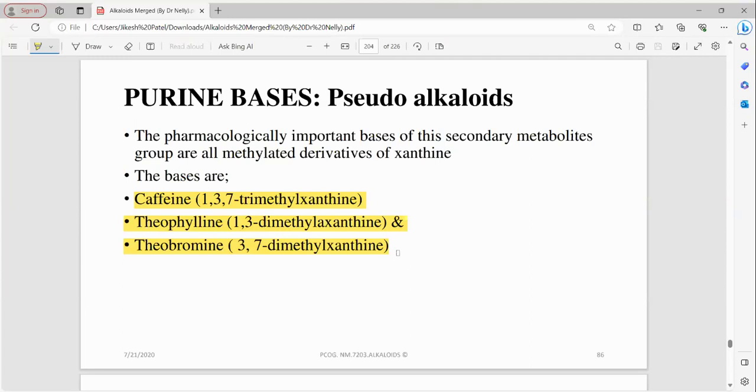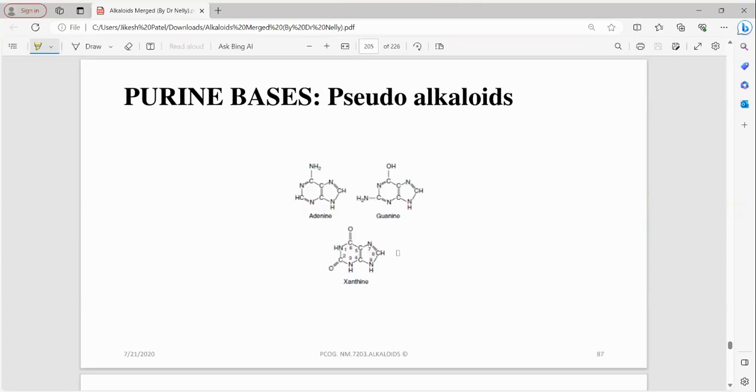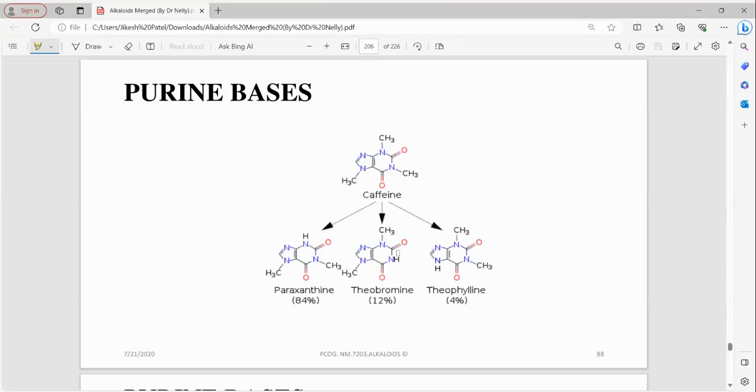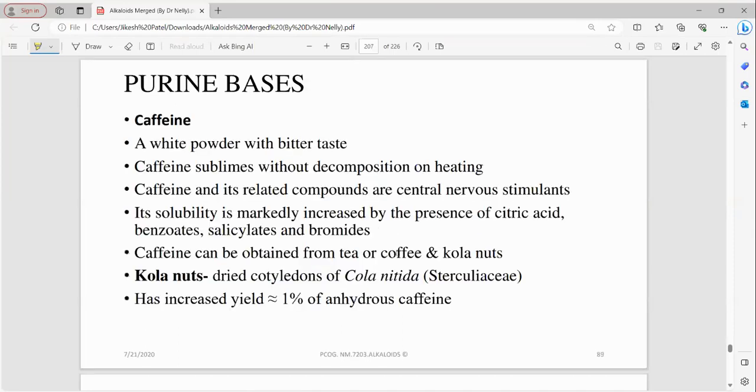Caffeine is in tea and it stimulates, so you can think of tachycardia and CNS stimulation.